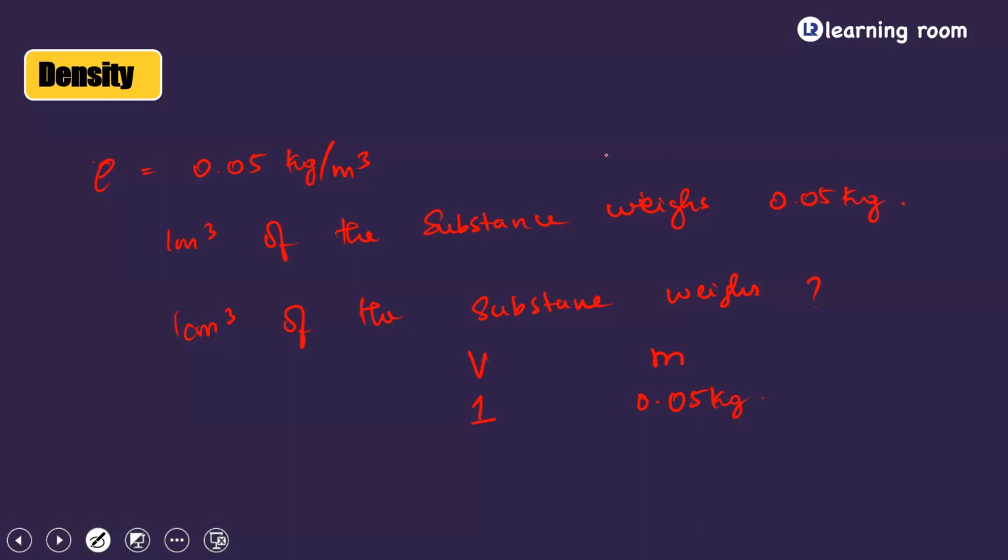Minus 4. Okay, let's check. Now, listen. When we are saying in terms of scientific notation, we also consider the zero before the point. See, 0.05, I could write it as 5 into 10 power minus 2, or you could write it as 0.5 into 10 power minus 1 as well. Correct? Doesn't make much difference.